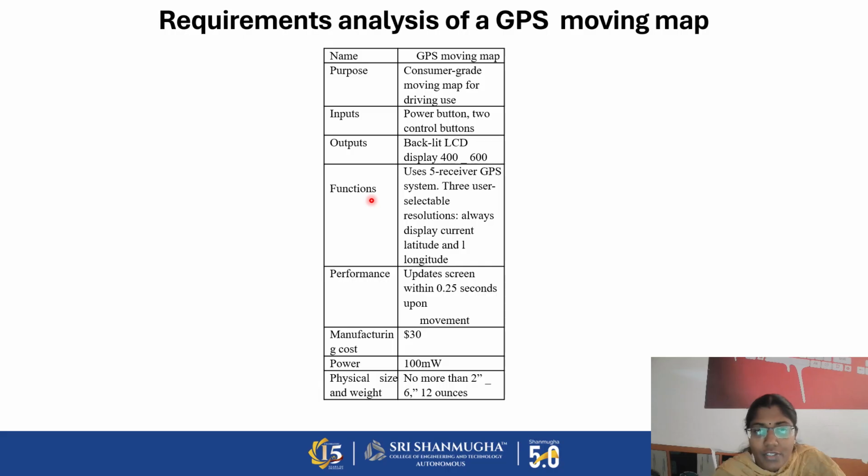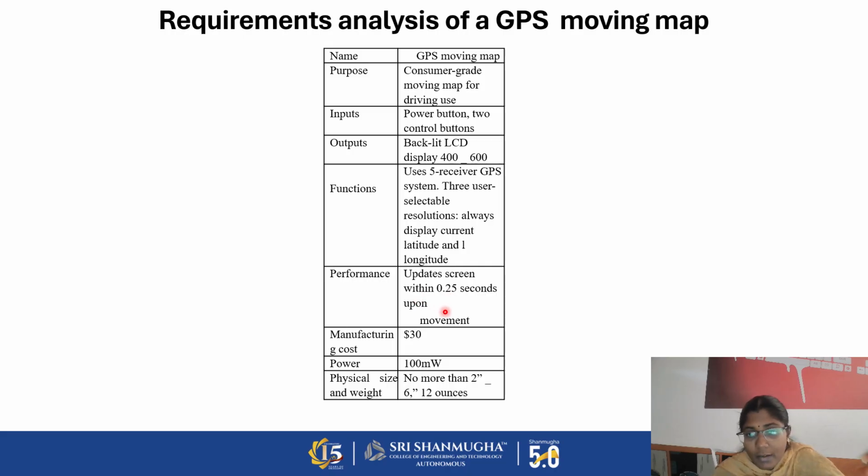Next one is functions. What function should it perform? It should always display the current latitude and longitude, right? Next one, performance. How should the system perform? It should update the screen within 0.25 seconds upon movement.